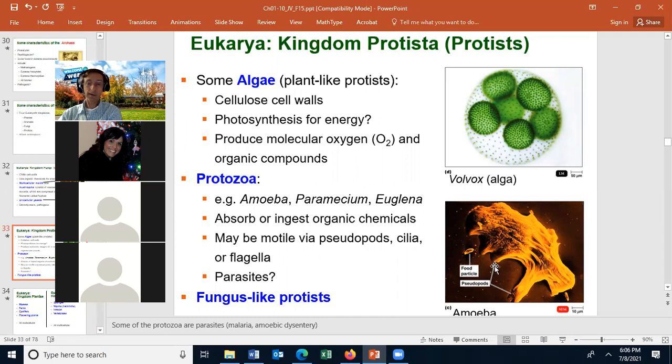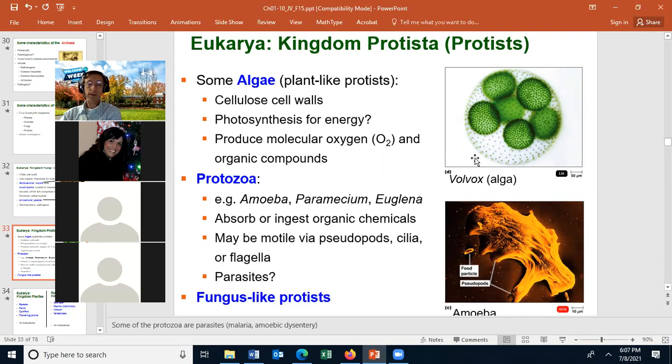They can move by a pseudopod, shown here, and that's the way a white blood cell moves. They can move by cilia, which you can't see, but that's how the Volvox moves. It has cilia, one for each cell, and then they all beat together, and that can move the Volvox colony.